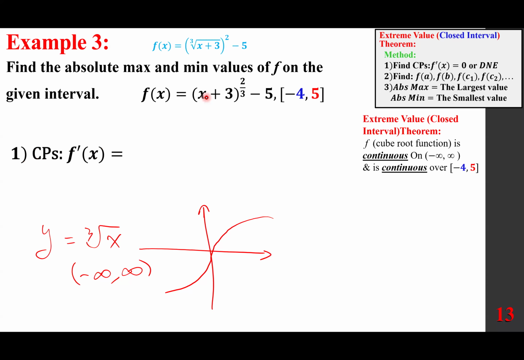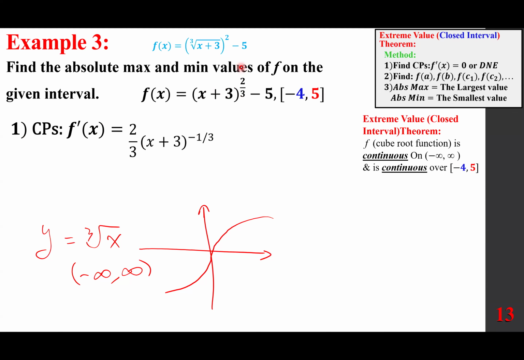So f prime of x is 2/3 (x + 3) to the power of negative 1/3. One more time, 2/3 (x + 3) to the power of 2/3 minus 1. The derivative of the inside is 1, we don't have to write it. To rewrite this, we put this underneath: 2 over 3 times (x + 3) to the power of 1/3.